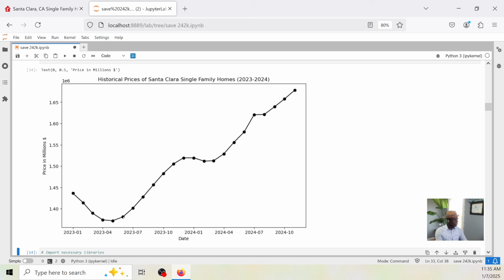We can clearly see the prices have been going up in Santa Clara, California for single family homes, all the way through October 2023, and then it takes a dip starting in the new year of 2024, but then we can see that pattern and trend increasing in March. So very, very interesting visualization.